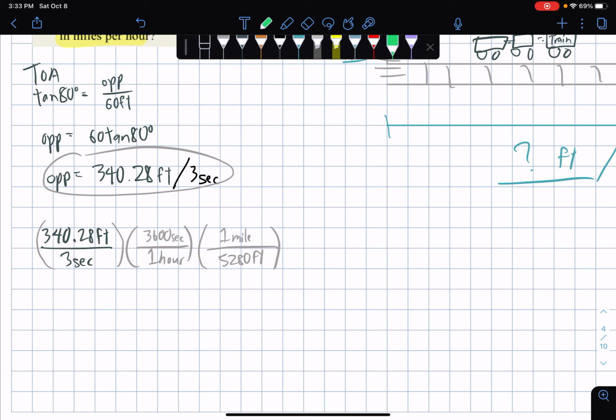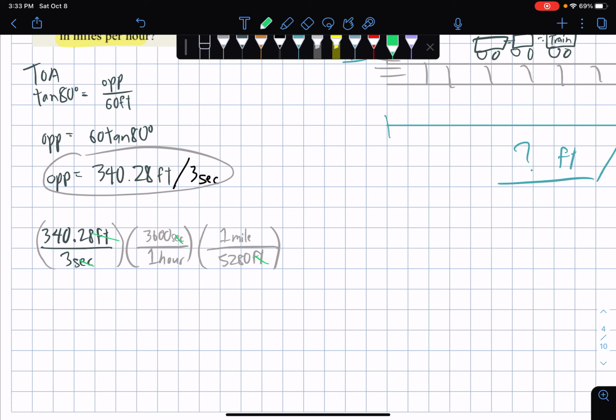Right. Cancel the units. So let's start multiplying: 340.28 over 3 times 3,600 over 1 times 1 mile over 5,280.